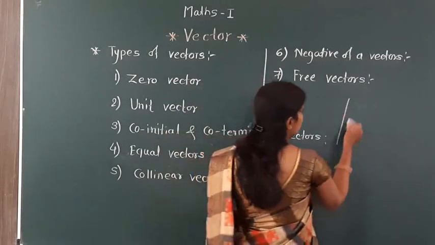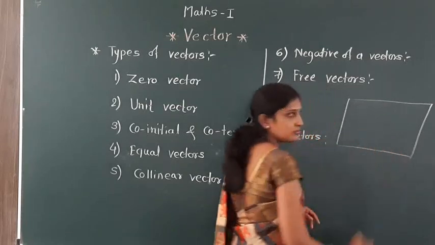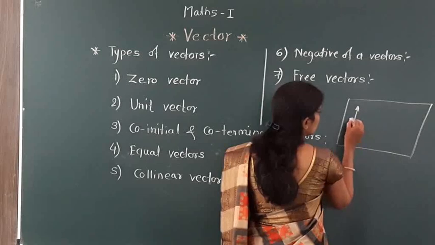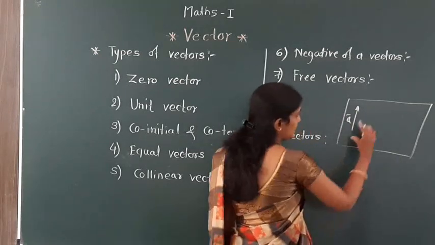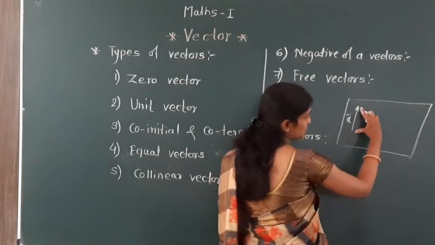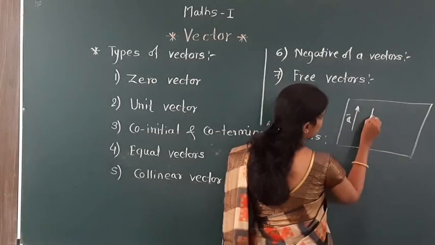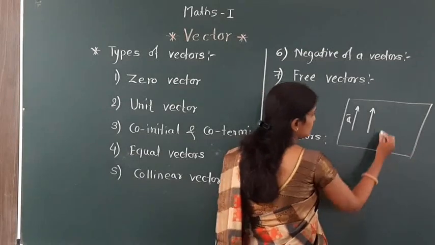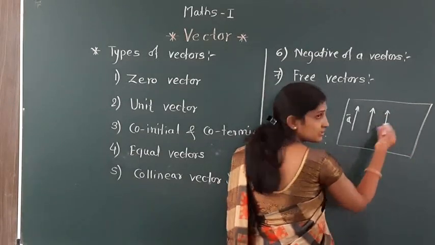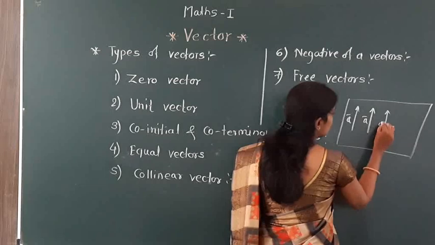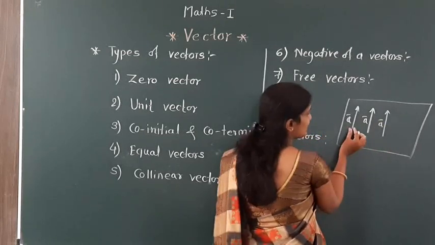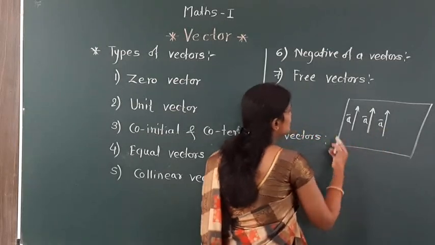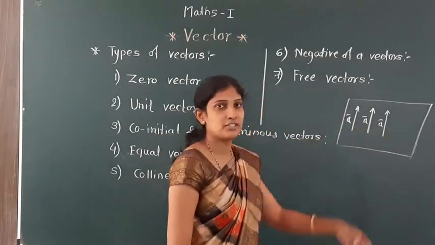For example, in any plane or space, suppose this is a vector A bar, we have its magnitude and direction. So we draw here a similar magnitude and direction, another vector in that plane. This is A bar, this is A bar. We translate this vector from here. So these vectors are called free vectors.